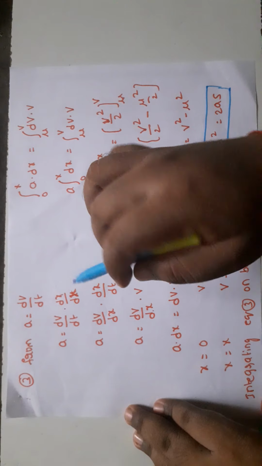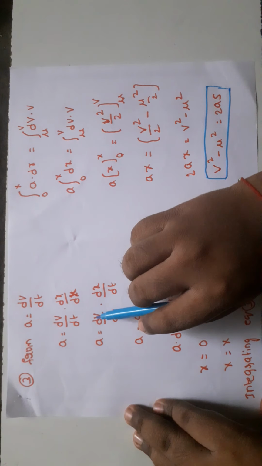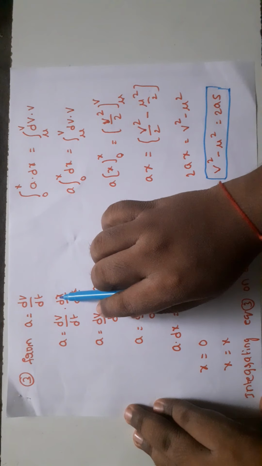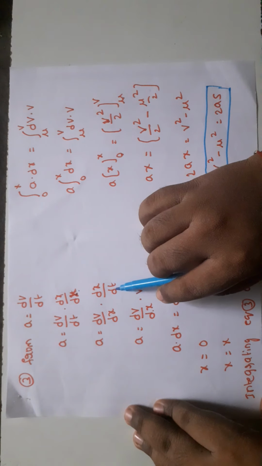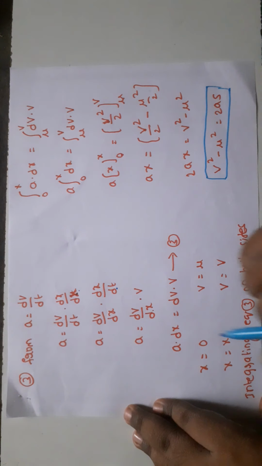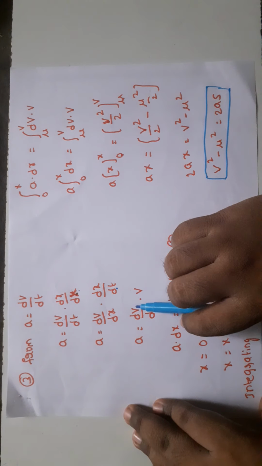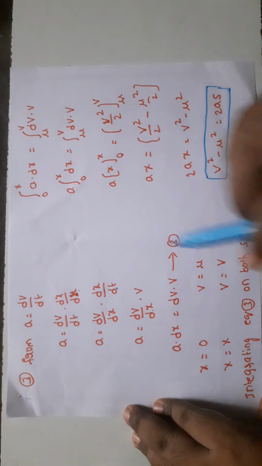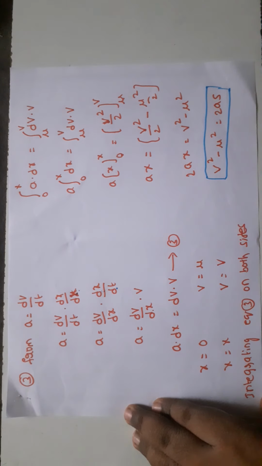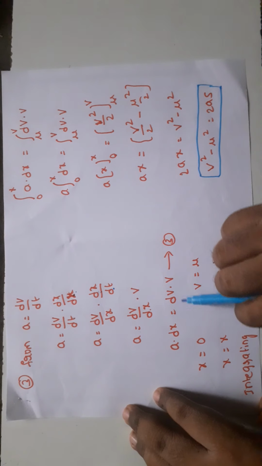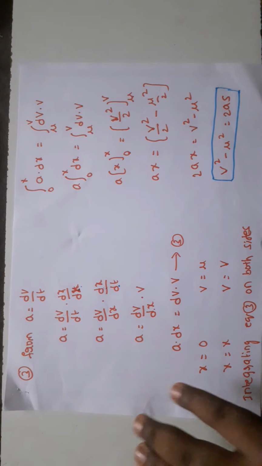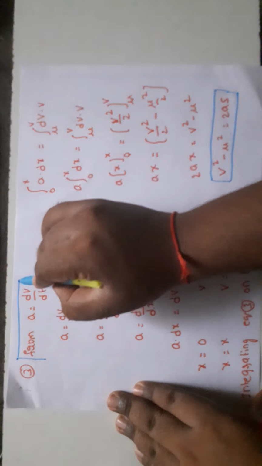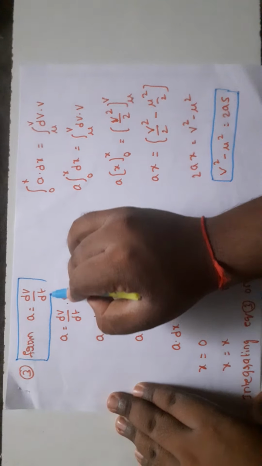This we write again as dv by dx into dx by dt. Acceleration, dx by dt, the rate of change of displacement, is called velocity. So a dx equals v dv. In this third equation of motion, the key point is acceleration.